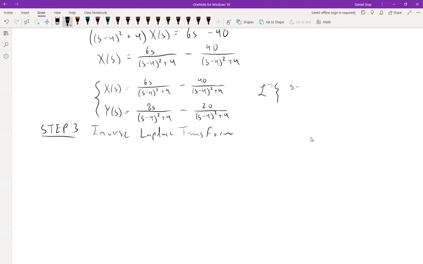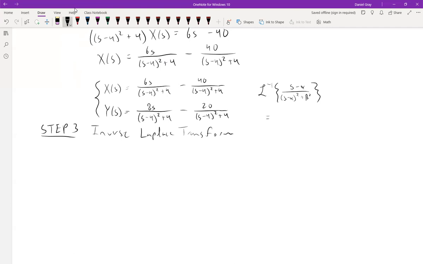If it has an s minus alpha over s minus alpha squared plus beta squared. Oh, sorry, I said s minus beta. I meant s minus alpha upstairs. The Laplace inverse of something like this is not too bad.